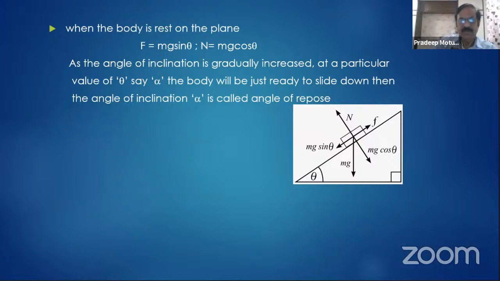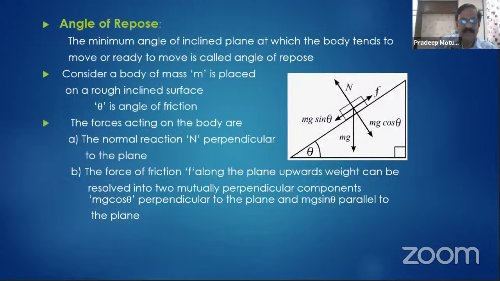Hope you understand the difference between the angle of friction and the angle of repose. Remember, the angle of repose is the minimum angle of the inclined plane at which the body tends to move or is ready to move.